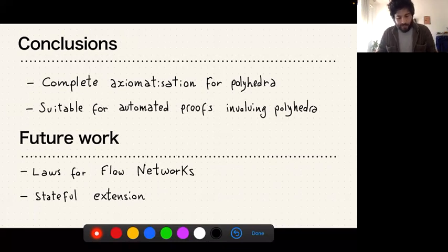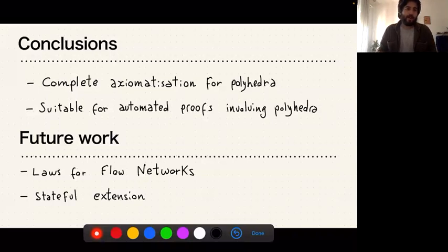As future work, we leave the discovery of other laws for flow networks, and so finding some sort of algebraic theory precisely for flow networks. Also a stateful extension, which is discussed in the appendix of the paper, which is the addition of a single generator expressing state to our language, and seeing how it reflects on the theory.